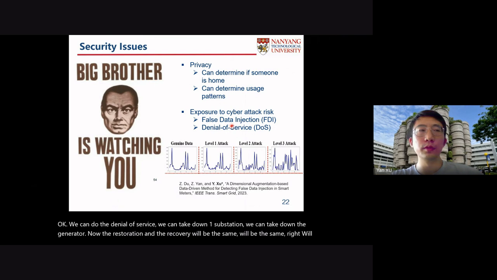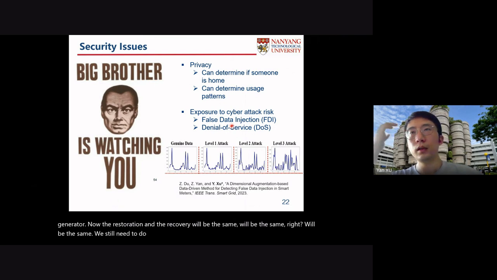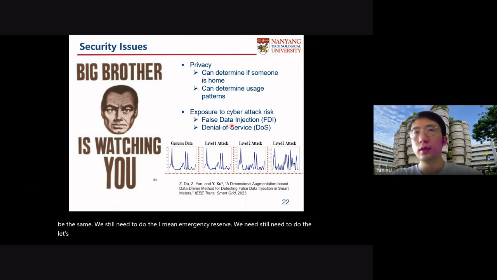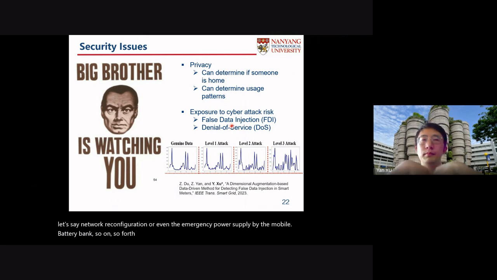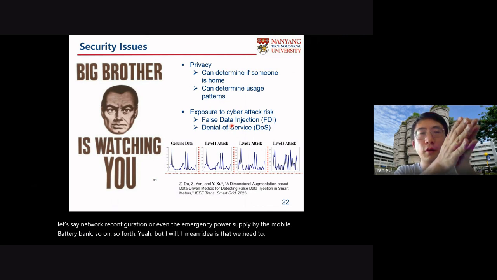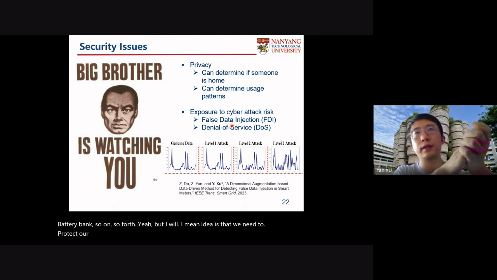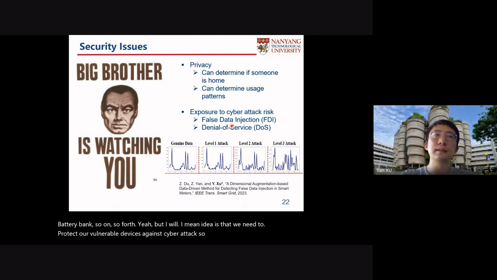We still need emergency reserve, network reconfiguration, or even emergency power supply by mobile battery banks, and so on and so forth. But our idea is that we need to protect our vulnerable devices against cyber attacks, so that they will not lead to physical disturbances.